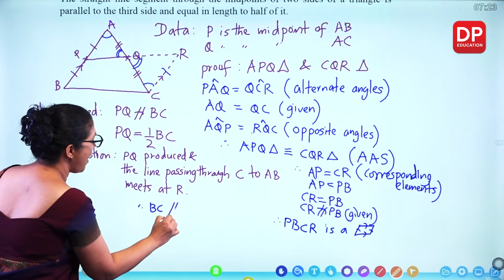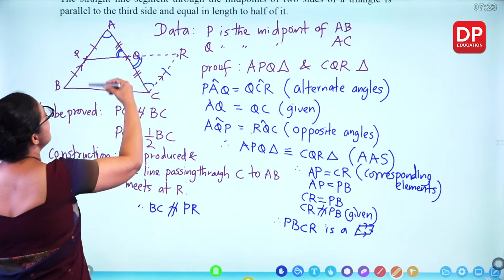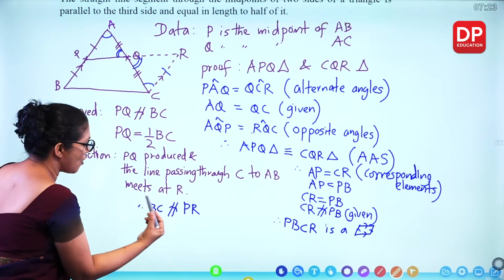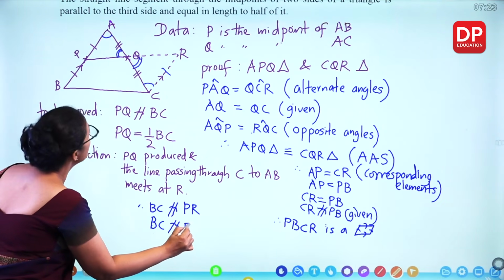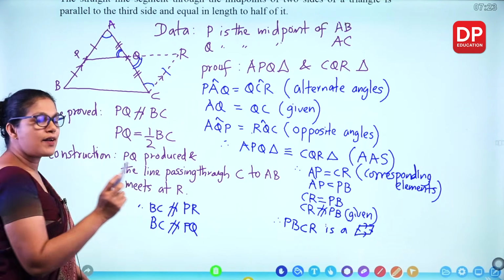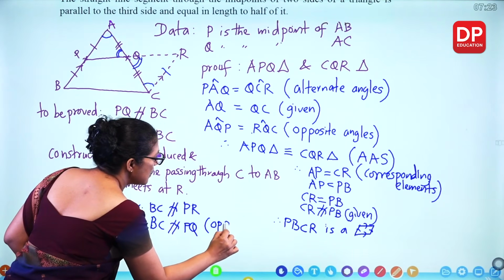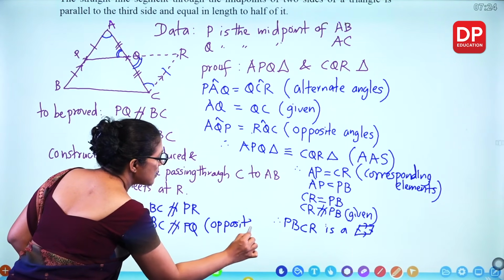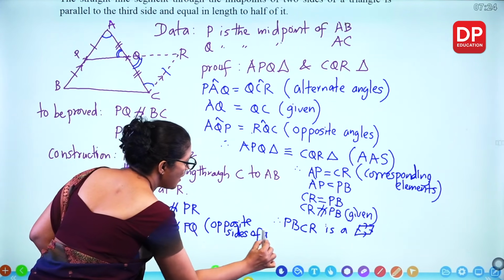So we can say, therefore, BC is parallel to PR or PQ. We can write PQ instead of PR. Now we prove this one, PQ parallel to BC. So these are opposite sides of a parallelogram.